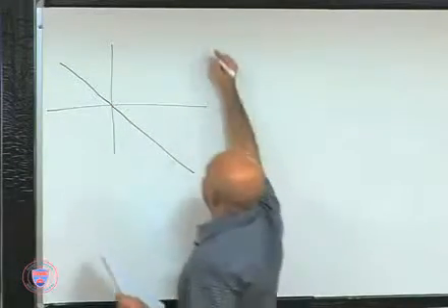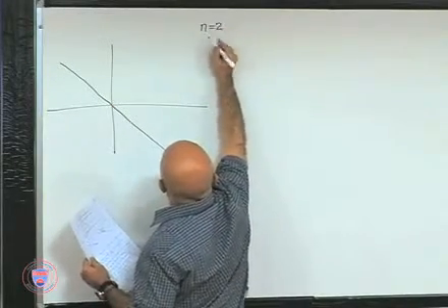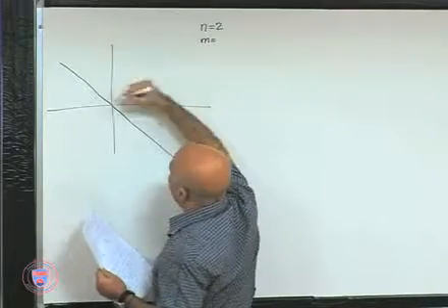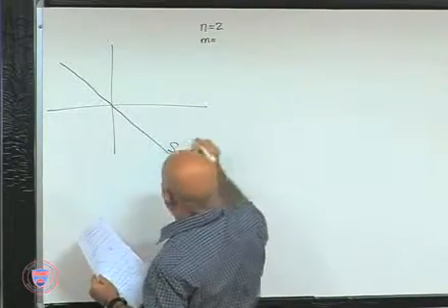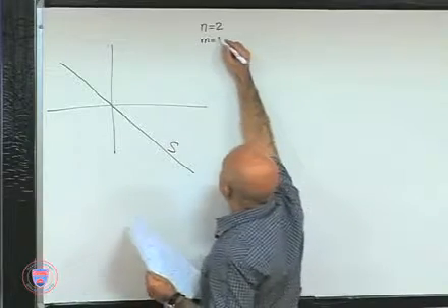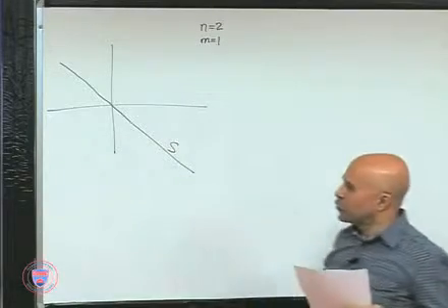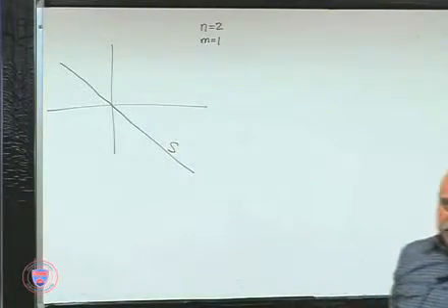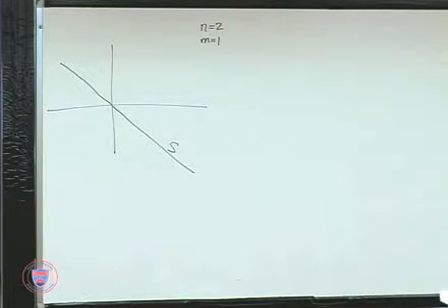So we are in 2 dimensions, and we have a hyperplane. That's your set S, your subspace S. So M equals 1. The dimension of that subspace is 1.